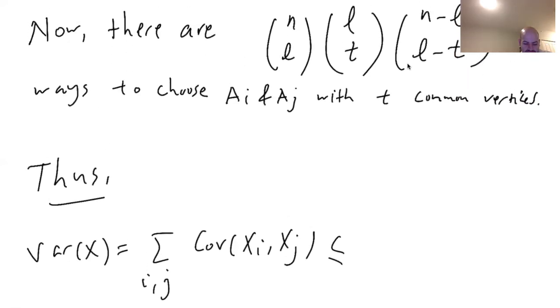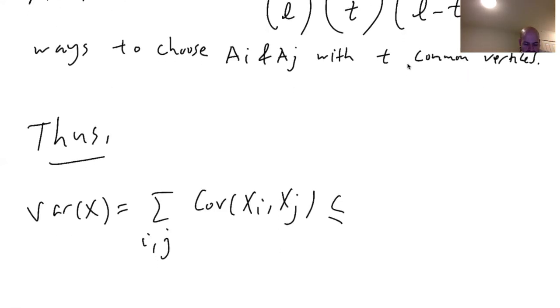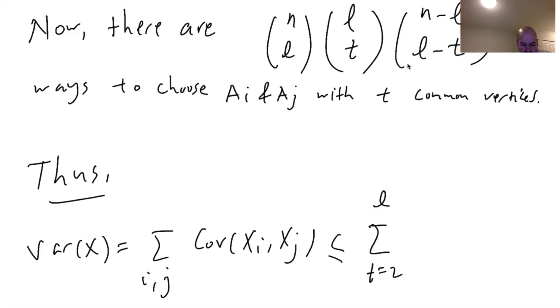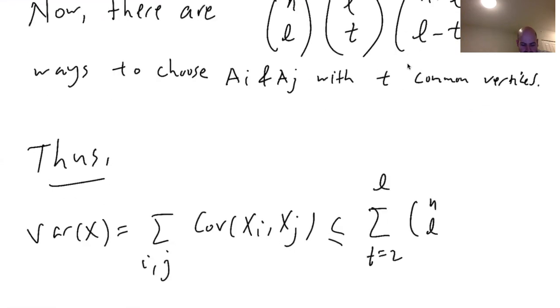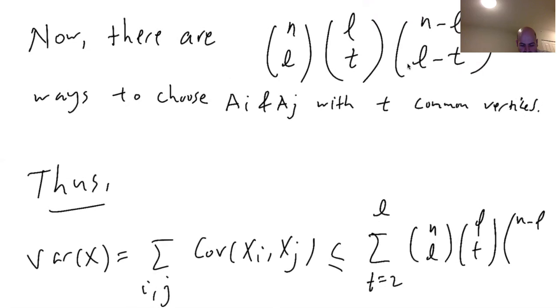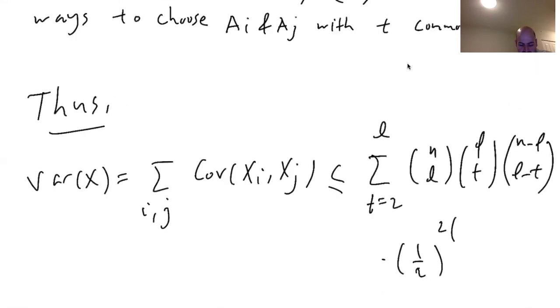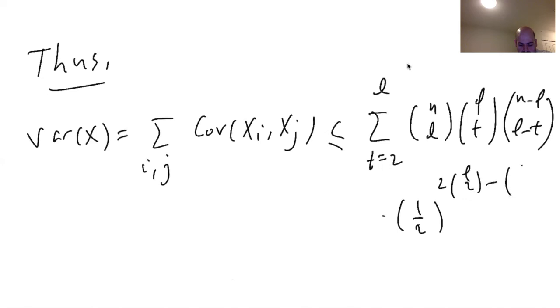So this is less than or equal to the sum over t from 2 to L of this number, which is n choose L, L choose t, n minus L choose L minus t, which is, as I said, the number of ways to choose ai, aj with t common vertices, times 1/2 to the power 2 times L choose 2 minus t choose 2.